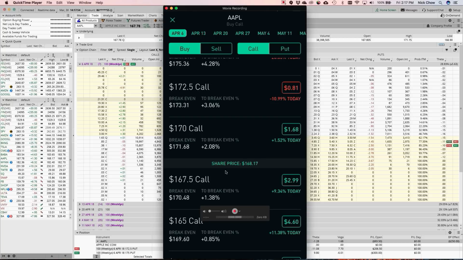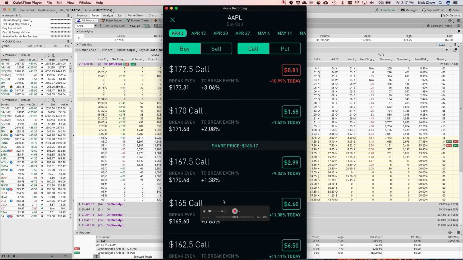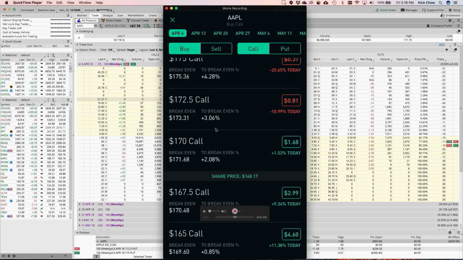So then the calls that are in the money are below. The calls that are out of the money are up top. If you're not sure what that means, I'm not going to really go into detail because this is kind of a review of options. But basically, for the calls, in the money means the stock is above the option price.